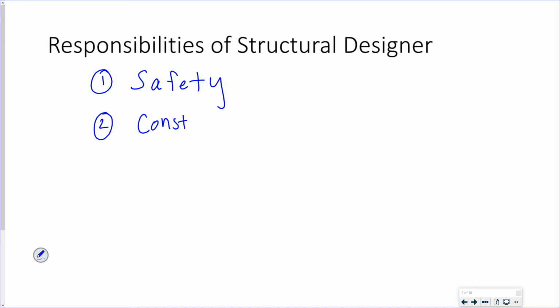What should be your number one factor, or I hope your number one factor in designing is safety, right? Safety of the public and anybody using an engineered structure or facility. That is our number one priority. Number two, can it be built? And can it be built easily?